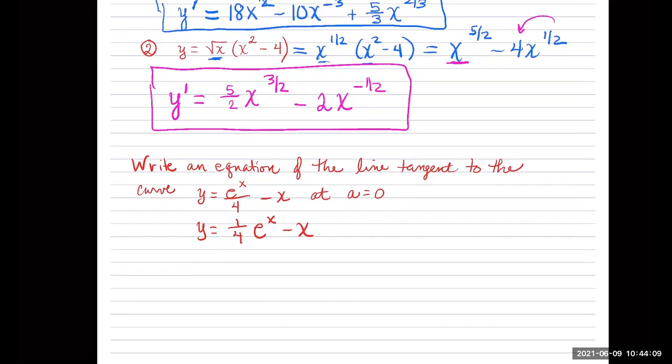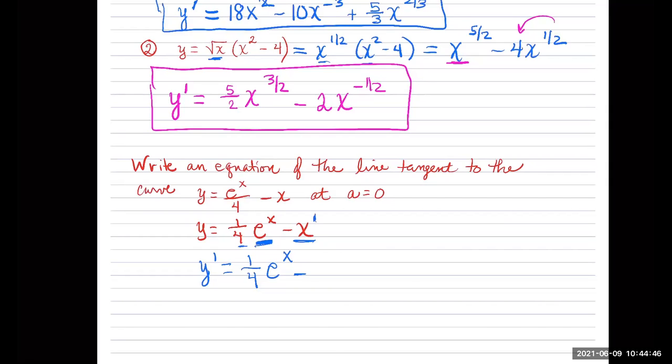All right, so when we take the derivative, we know that if we have a constant times the function, the derivative is that constant times the derivative of that function. And the derivative of e to the x is e to the x. What's the derivative of x to the first? So notice this is x to the first.